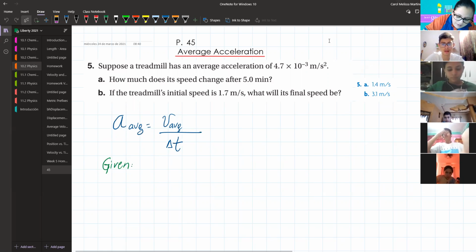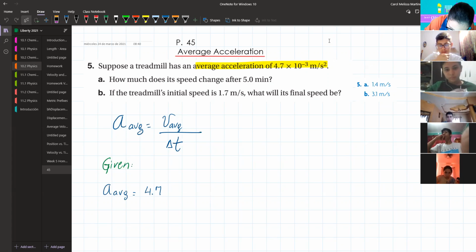It's giving average acceleration. a_avg is equal to 4.7 times 10 to the negative third power meters per second squared.